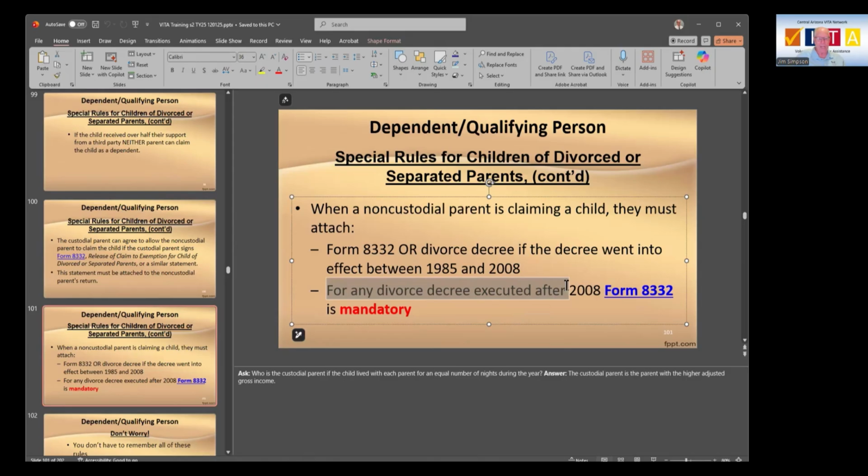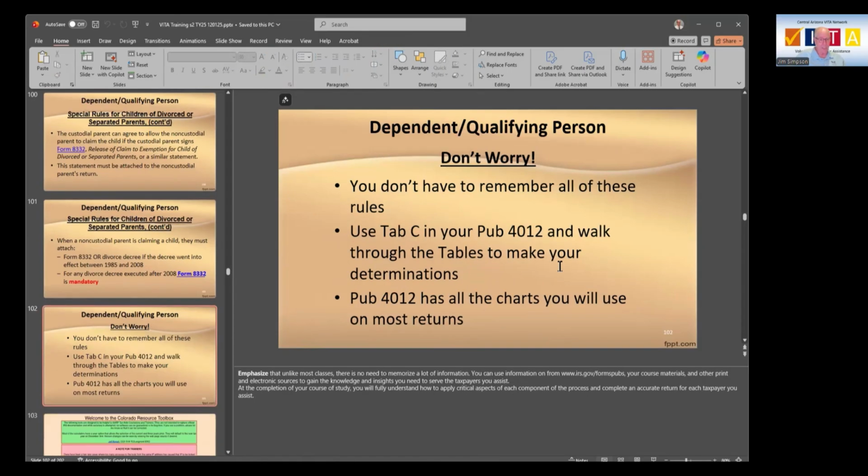For any divorce decree executed after 2008, the Form 8332 is mandatory. That's why I'm saying most of this other stuff is moot. We're now in 2025, 17 years later, right? You're not likely to have a child claimed whose divorce decree was executed before 2008.